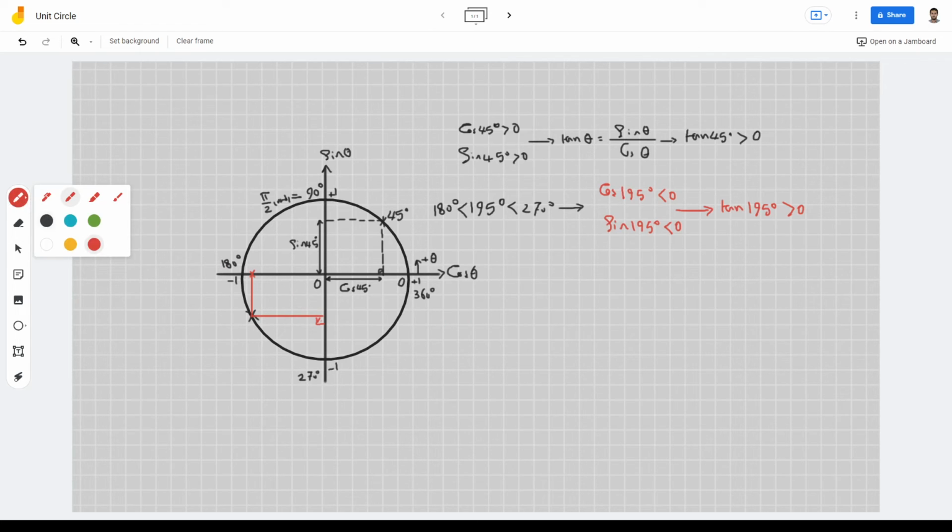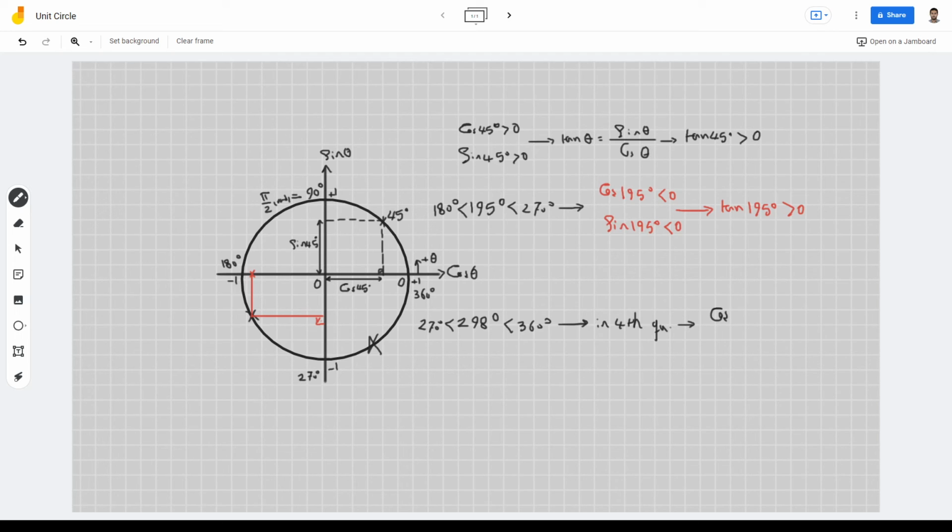Another example, and the last one, for example, 298 degrees. It's more than 270 degrees. It's less than 360 degrees. So it is in the fourth quarter. If I project it on the cos axis, the cos would be positive.